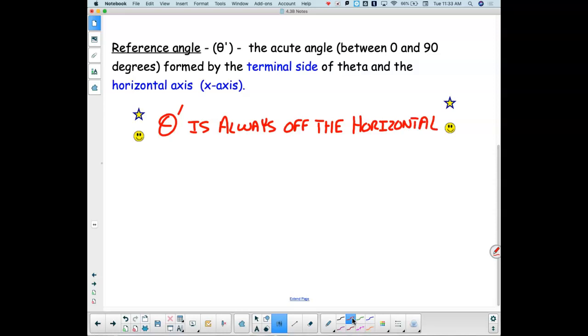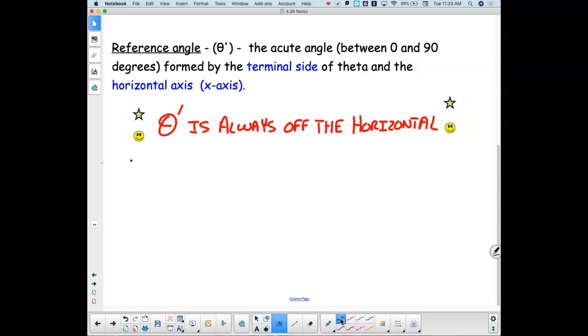Theta prime is always off the horizontal. 2 stars and 2 smiley faces. You need to know that because there's going to come a point in time, probably within the next 24 hours, for sure within the next 3 months, that you're going to say, oh, my reference angle is off the vertical, off the y-axis. No. Reference angles are always off of the horizontal axis.